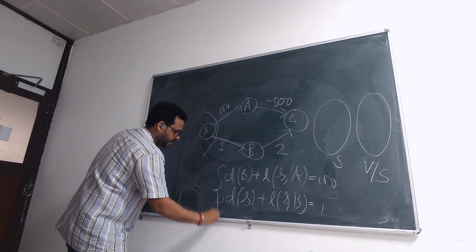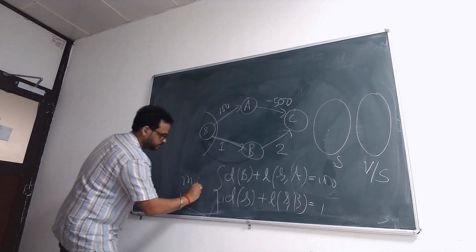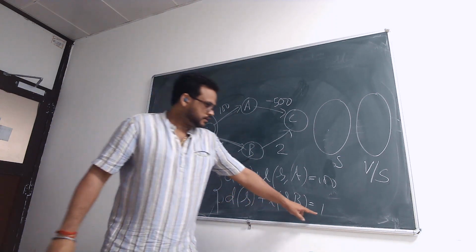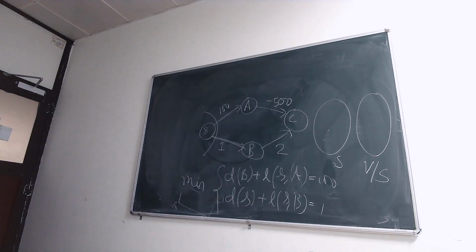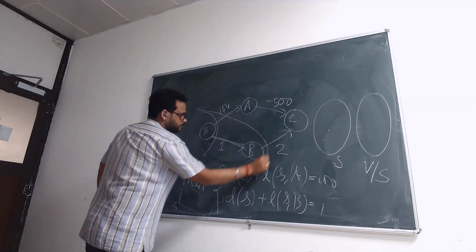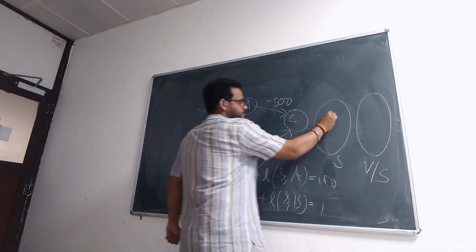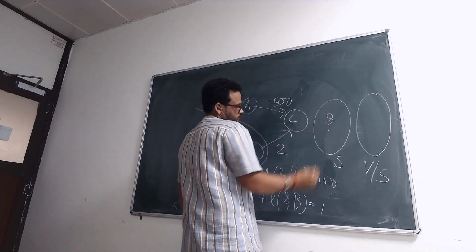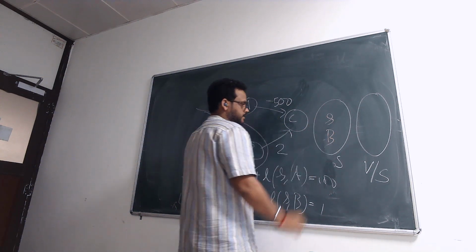So we will find the min of these. So min of this is 1. So we have a new component. So in this component we can add B. Initially it was only the source node S. Now we can add B.